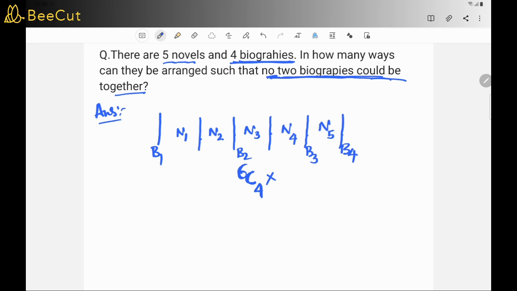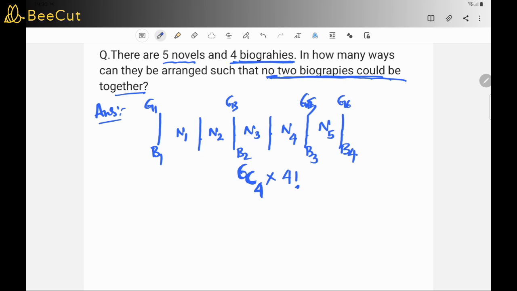Now after selecting these 4 gaps, I can arrange the 4 biographies in those 4 gaps in 4 factorial ways. So in gap 1 I am putting biography 1, in gap 3 I am putting biography 2, in gap 5 I am putting biography 3, in gap 6 I am putting biography 4.